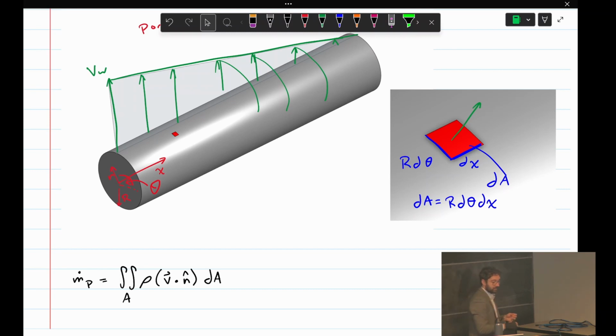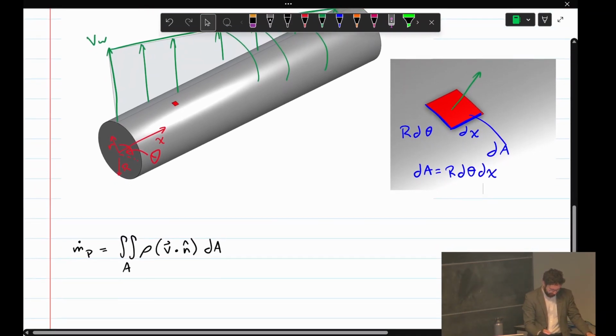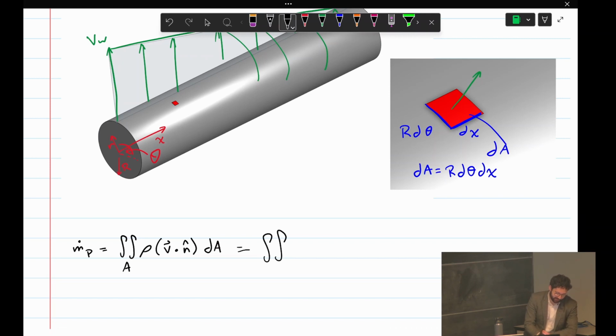Okay. So I'll set up our double integral here now. We're going to integrate over two different axes. The first axis we want to integrate over is along our circumference, so we need to integrate along theta. That's what changes along that axis. We also want to integrate along the length of the pipe. So we're going to do integrals along theta and along x.